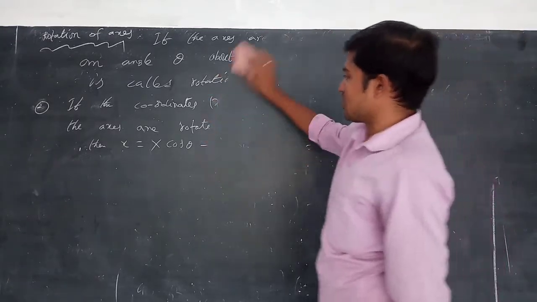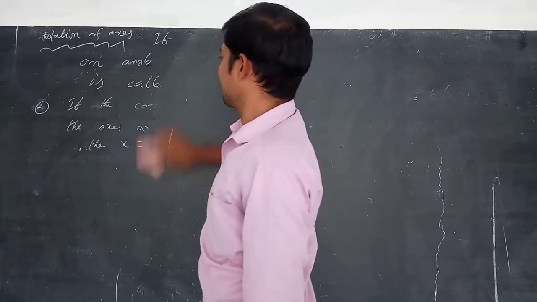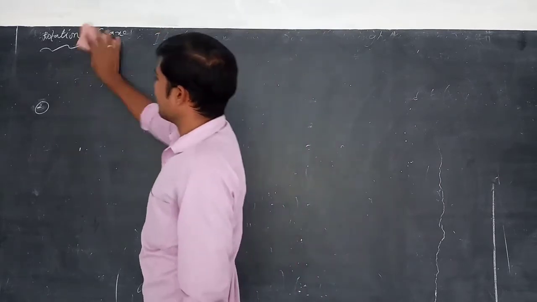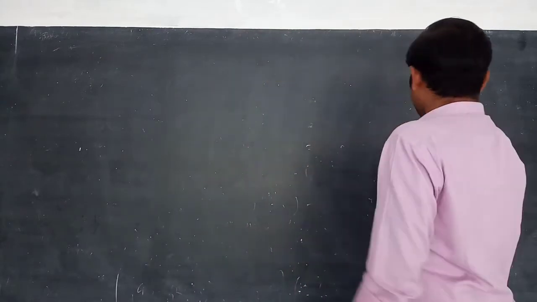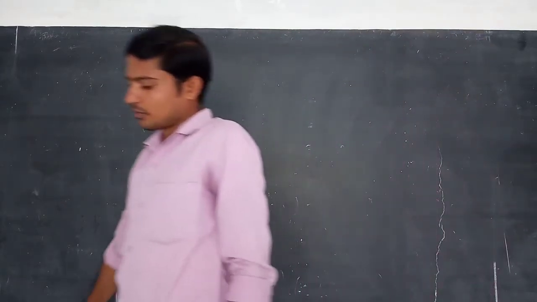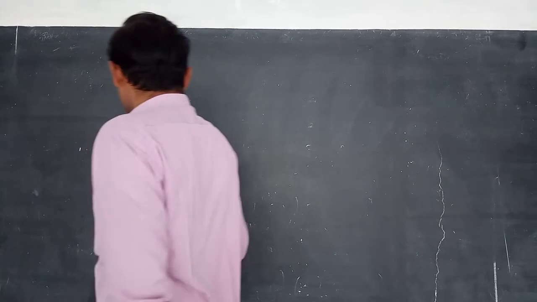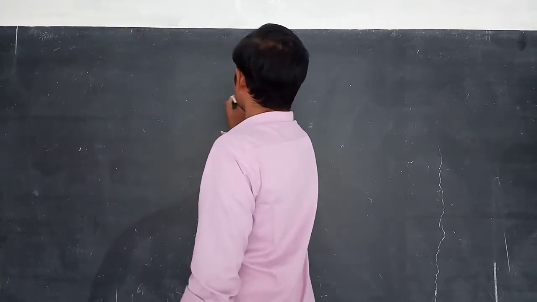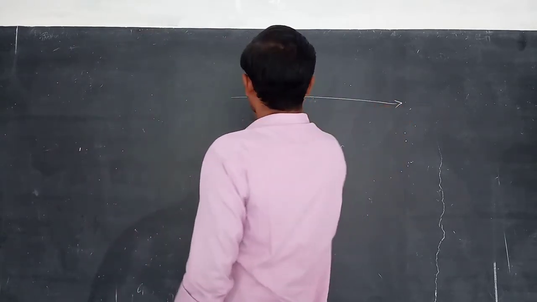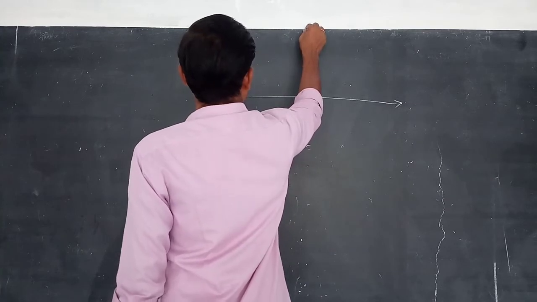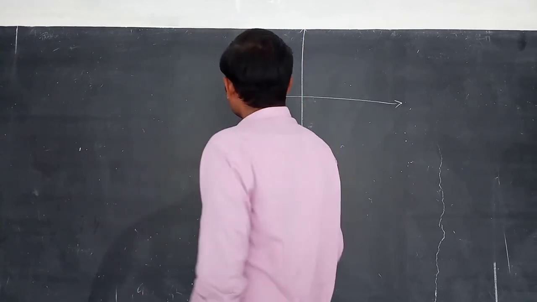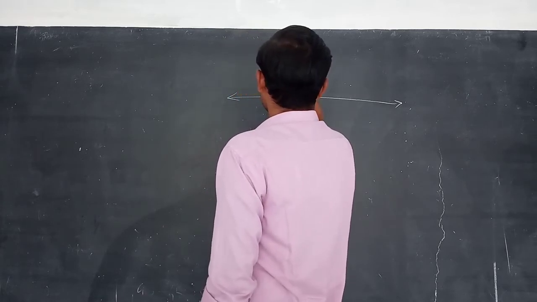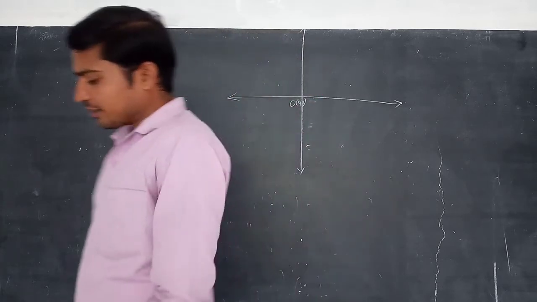For this, take the Cartesian plane and coordinate axes and rotate them theta degrees about the origin. Then what happens? Suppose, try the figure. Now this is the origin, 0, 0. Our origin is like that here.